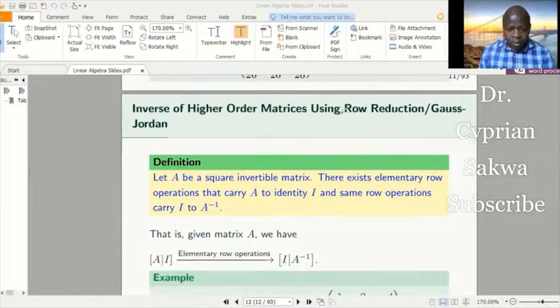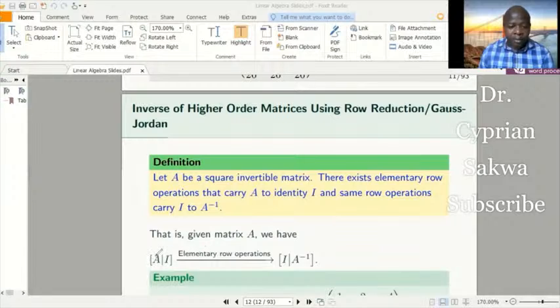So to use this row reduction method, what we must understand is that we'll be carrying out elementary operations. And what this method says is that, supposing I was to write A with the identity matrix, then there will exist elementary row operations that will take A to the identity matrix and then take the identity matrix to the inverse of A. That's what we'll be doing.